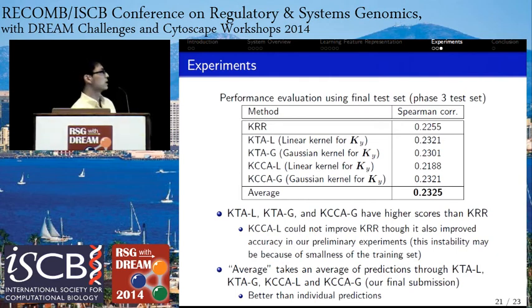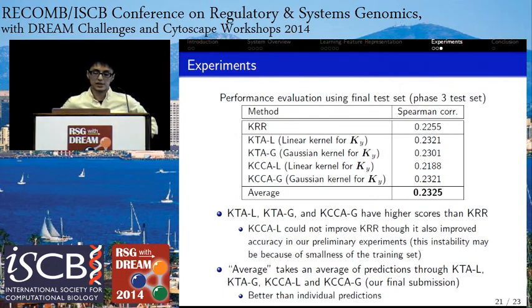The first line is the naive application of kernel regression. And the next 4 methods are the model applied with each feature representation method. Except for the kernel CCA with linear kernel, we observed that these methods could improve the accuracy of the base model.